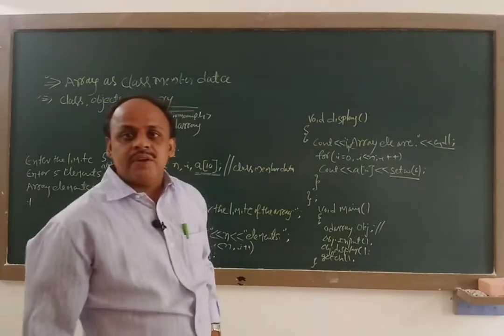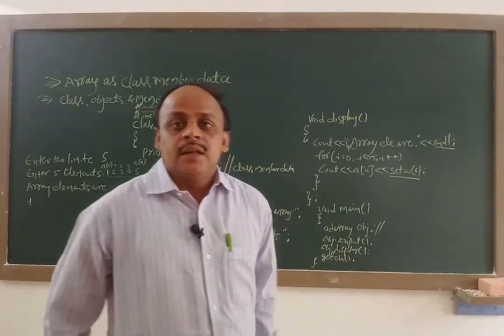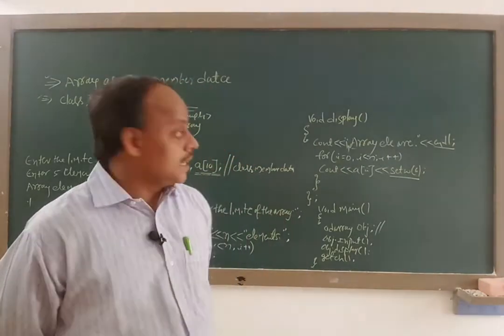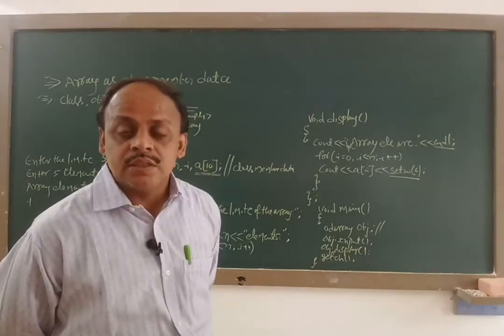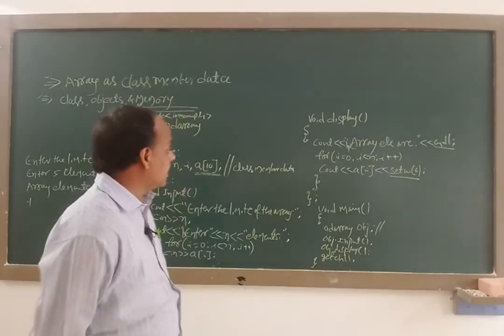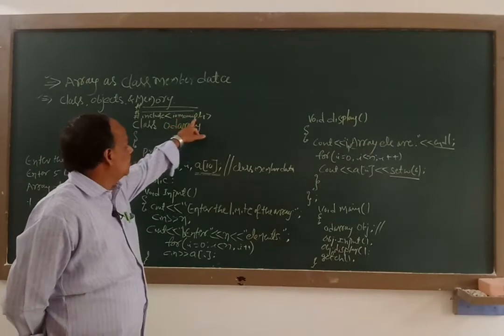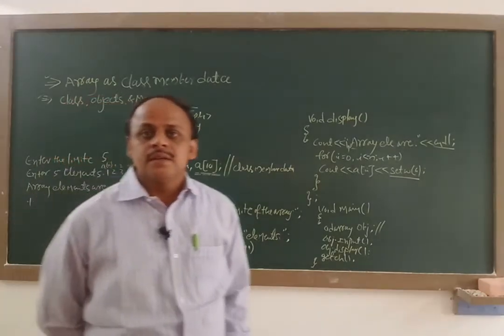So whenever we include endl as well as the setw function, we have to include a related header file called iomanip.h, right?